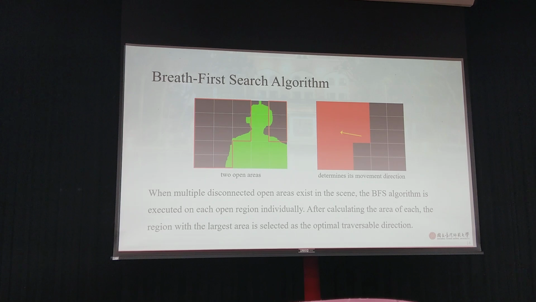The yellow arrow represents the central direction of that region, providing navigation guidance for the UAV. This approach enables the system to automatically select the optimal path among multiple candidates, enhancing the stability and real-time performance of obstacle avoidance.